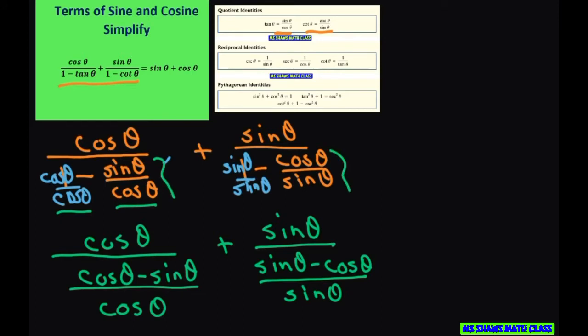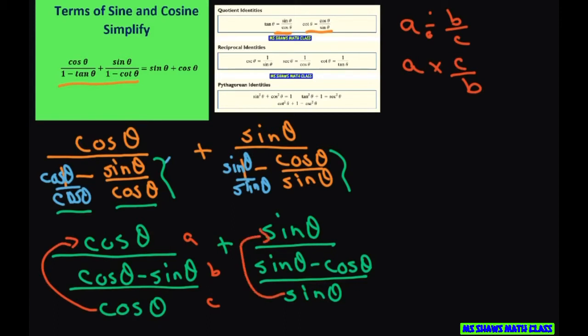Note that when you have something like this form, a divided by, I call this a, b, and c, what we have is a divided by b over c. So what we're going to do is keep, change, and flip. That means I can multiply these two together, which is going to make it a little easier. So let's do that.